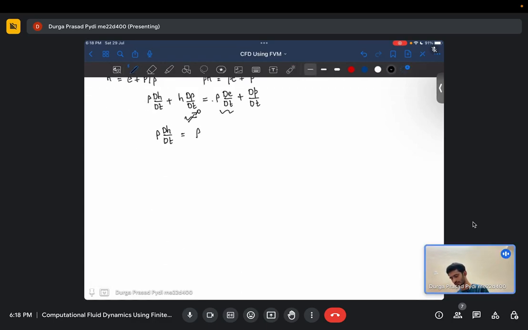So we get rho times di dt plus rho ui dui dt plus dP dt. It's a material derivative, we can expand it. We get del p del t plus ui del p del xi.